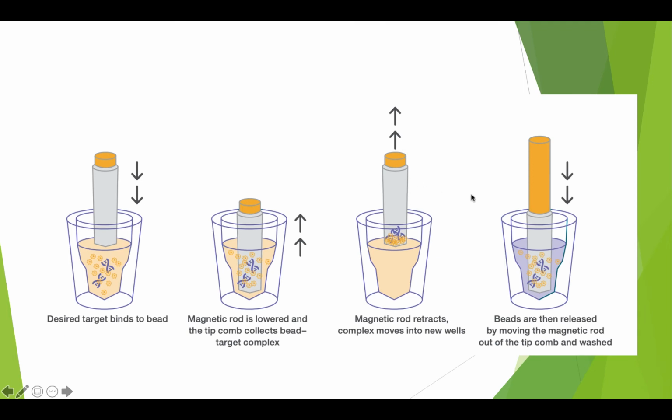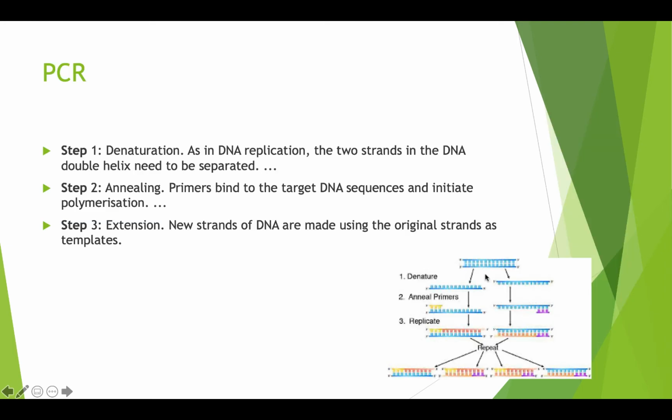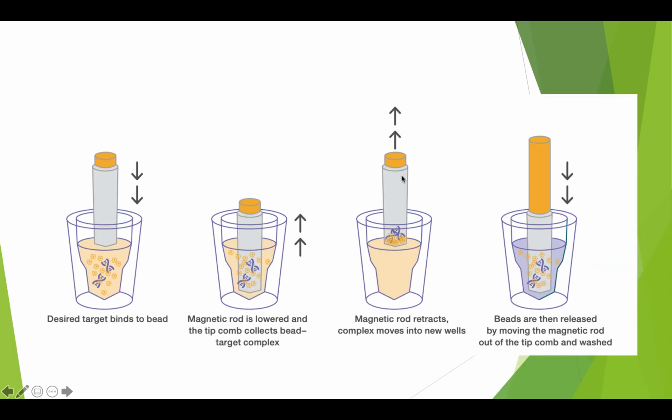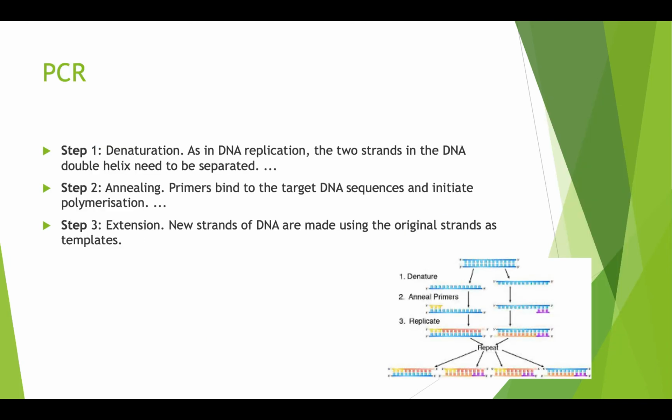It will lift it up and then the beads are released. The magnetic field is moved to a new fresh well and lowered into a new elution buffer. Withdrawing the rod with the magnetic field releases all the material in a new well. So that's the automation part. That's what the new machines do basically.